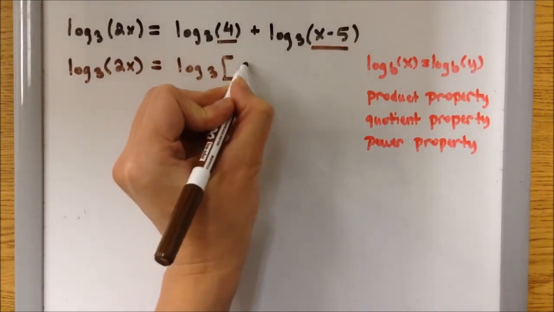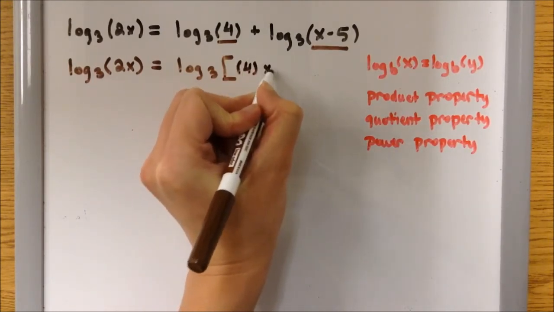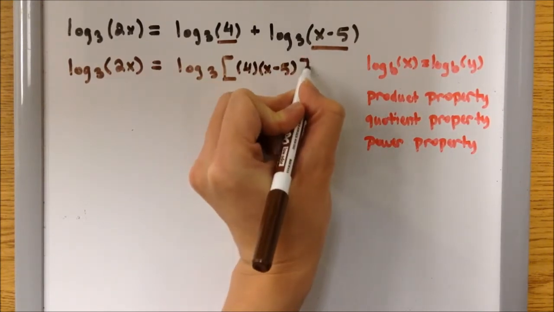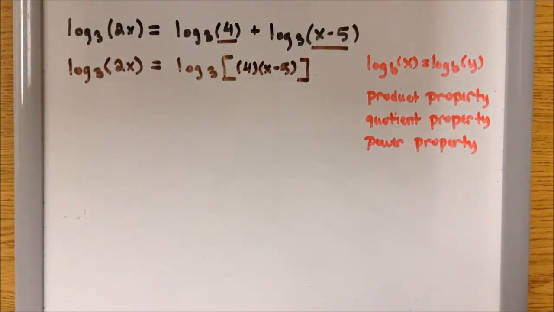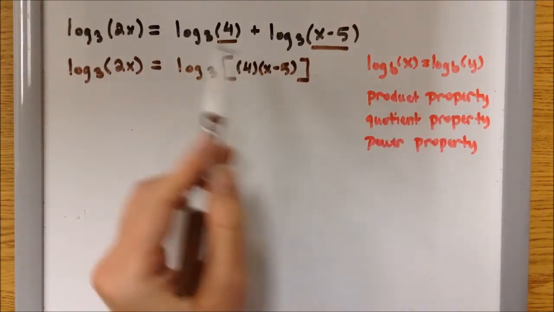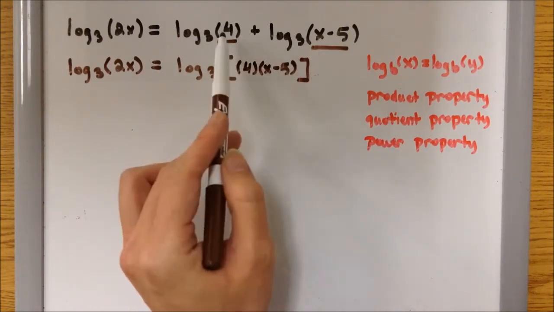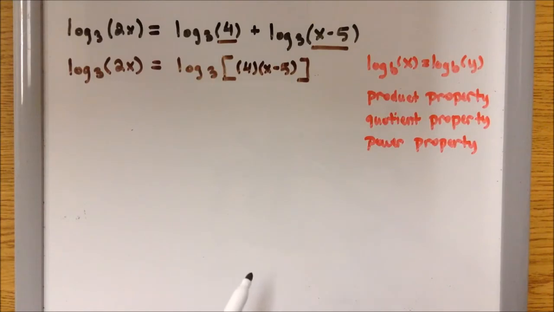So 4 times x minus 5. And again, I'm using brackets so that it's easy to see what I'm doing. So again, the product property, when I'm combining two logs as one, I multiply what's inside the parentheses. So 4 times x minus 5.